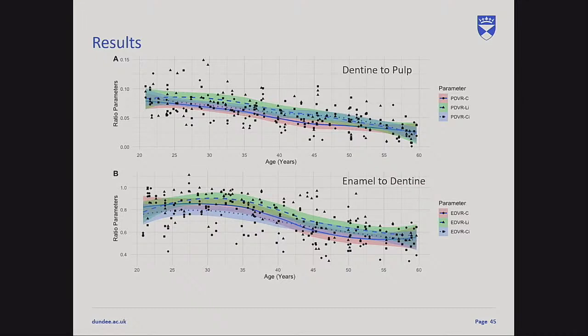If you take a look at dentin to pulp, it's continually degrading. Like it's always reducing throughout our life. But why does the enamel do that? So 20 to 40 years old, it's stagnant, and after that, until 50, it stops, and 50 to 60, it's gradual again.